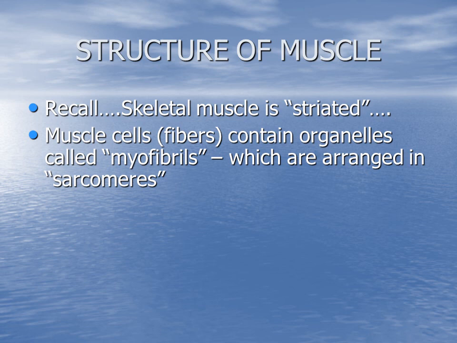And the myofibrils are arranged in repeatable units, which are the contracting units of the muscle cell, and those are called the sarcomeres. And because the sarcomere pattern repeats repetitively throughout the length of the muscle cell, it creates this striated appearance underneath the microscope.